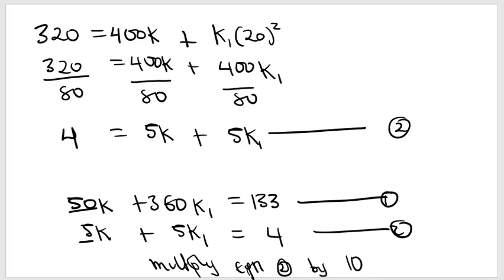So I'm going to have 10 times 5k plus 10 times 5k1 is equal to 10 times 4.